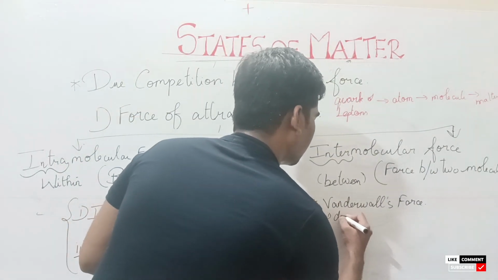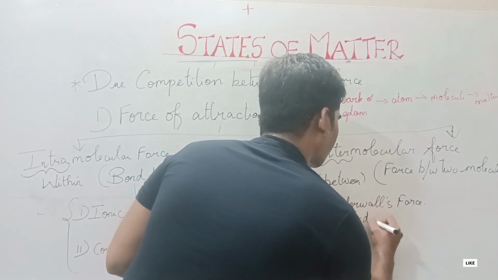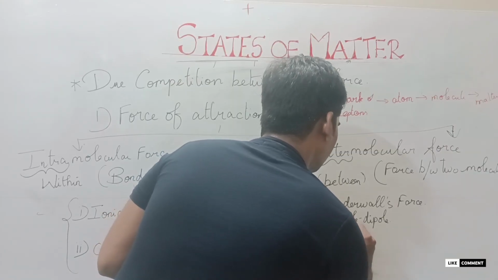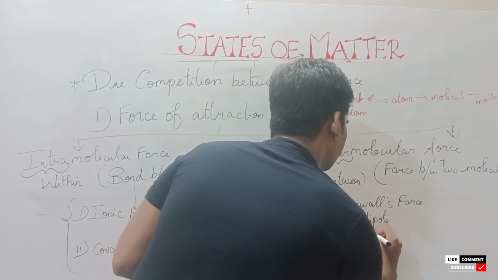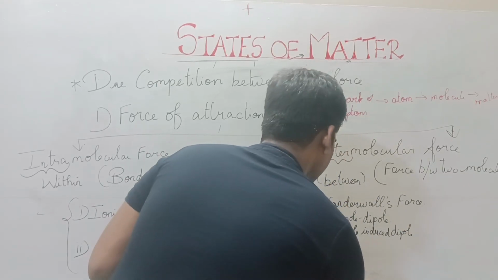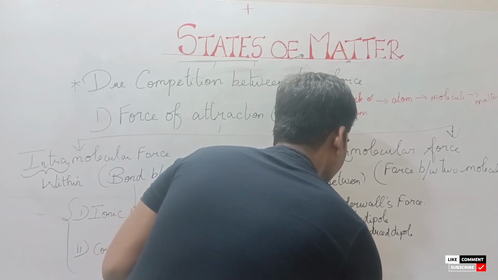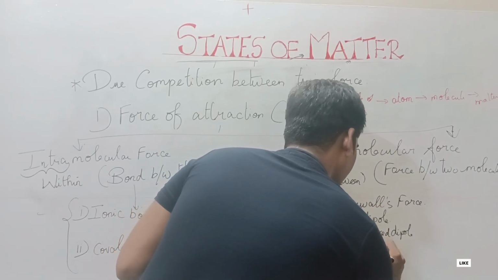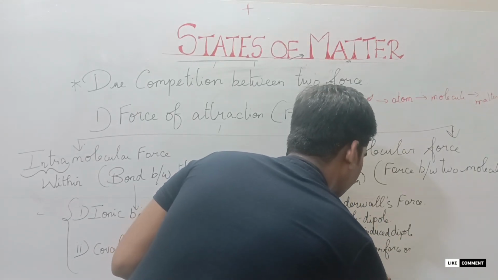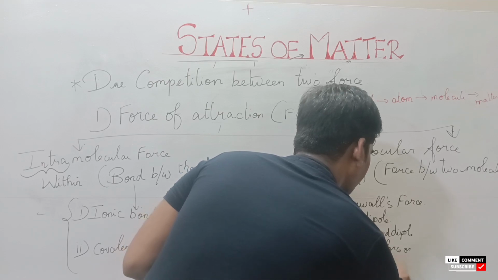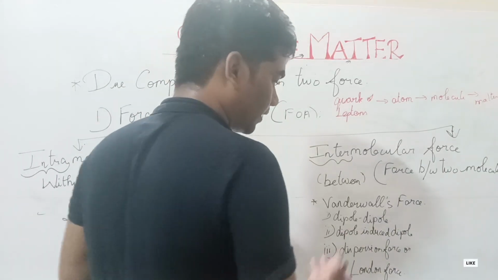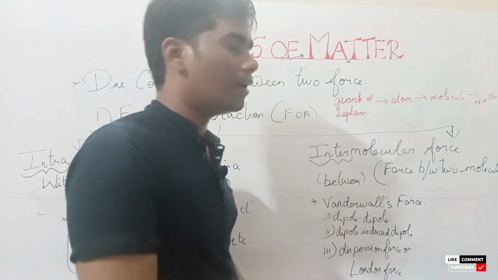The first one is dipole-dipole, and the second one is dipole-induced dipole. The third one is dispersion force, or London force. And the various other examples are hydrogen bond, ion-dipole, ion-induced dipole, and so on.